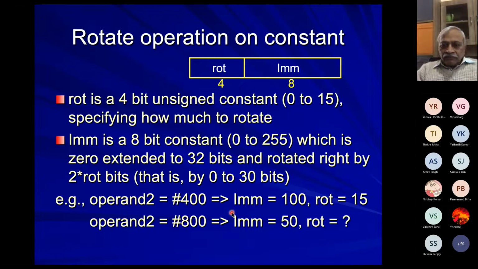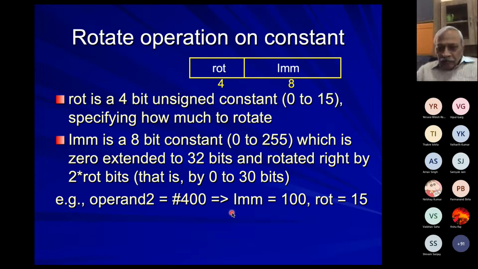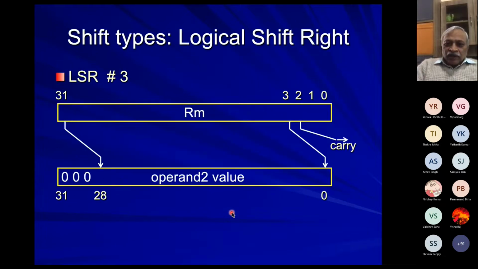Sir, how did 30 bits correspond to 2 positions? Pardon? Oh, okay. This is rotation. It's a right rotation, which is cyclic. So let's look at this.